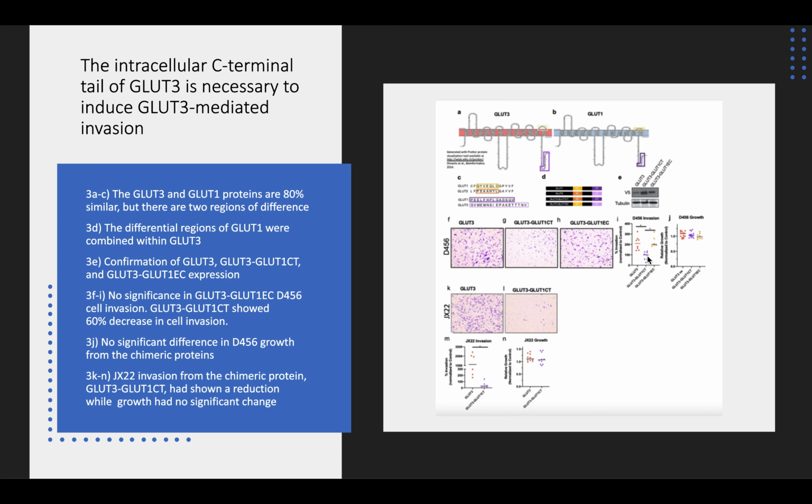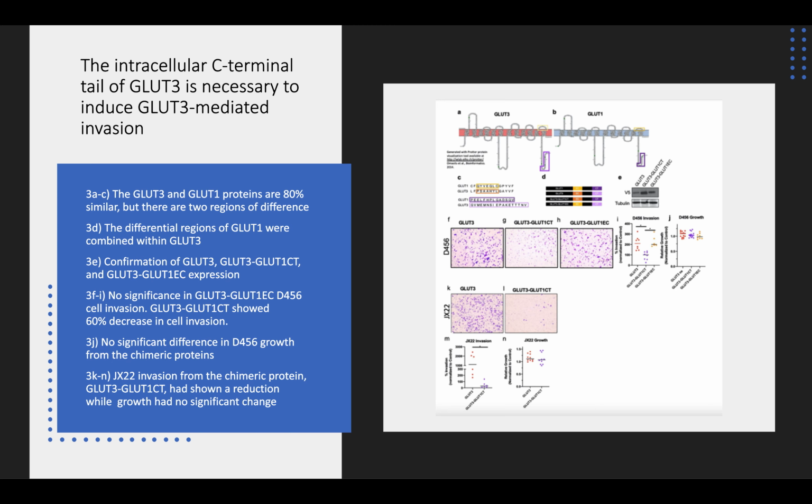We can take from figure 3F to I that there's no significance in GLUT3-GLUT1EC D456 cell invasion. However, GLUT3-GLUT1CT showed a 60% decrease in cell invasion.